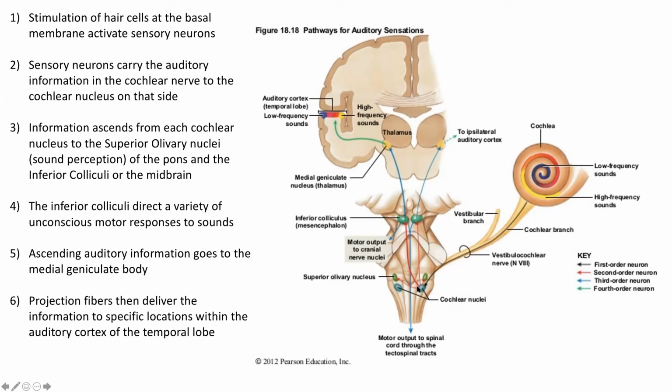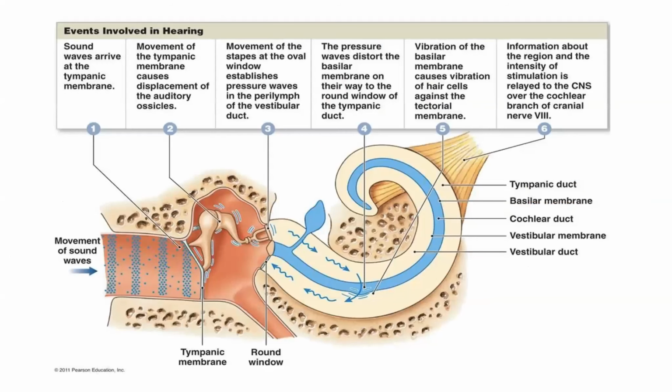So that wraps up the ear. That covers both the eye and the ear. The last presentation in this one covers both the eye and the ear, so go over these two and check out the links, because there are a few links on visual field as well as the events involved in hearing.